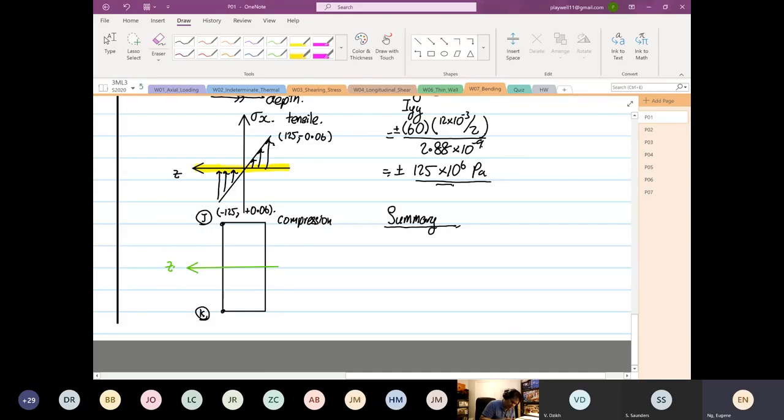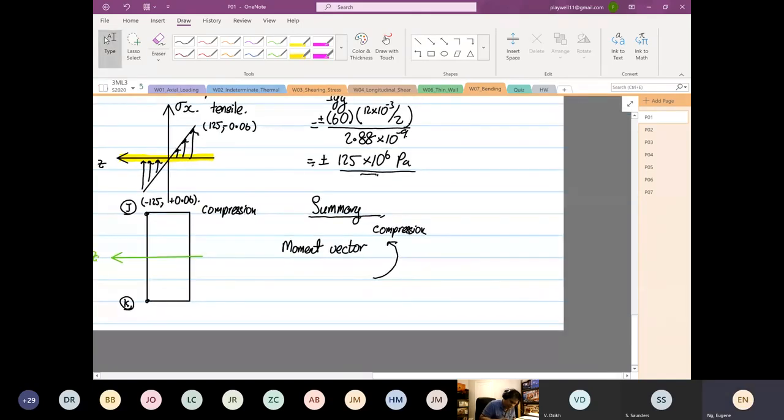I'm going to draw for you graphically. Based on the moment vector, right? The head is always in compression. The tail is always in tensile, right?